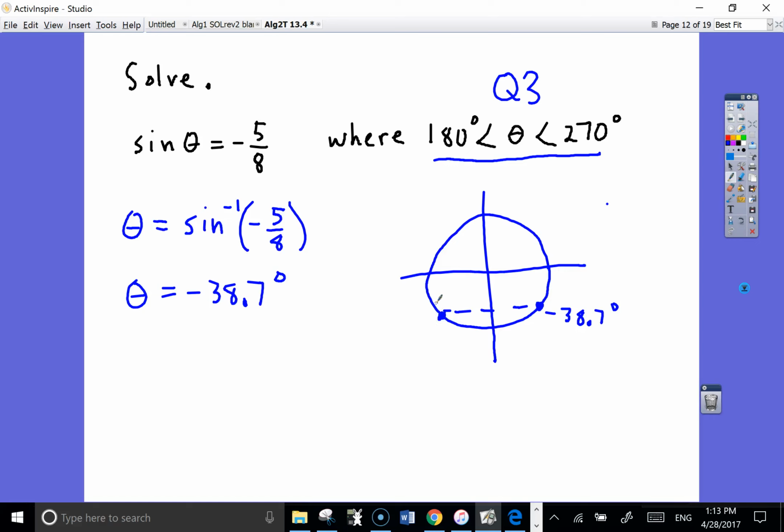No. I mean, if this is 38.7 degrees to here, then how do I find the angle measure to get to there? Yeah, you take 180 degrees and you add 38.7. Right? And that is 180 plus 38.7. 218.7.